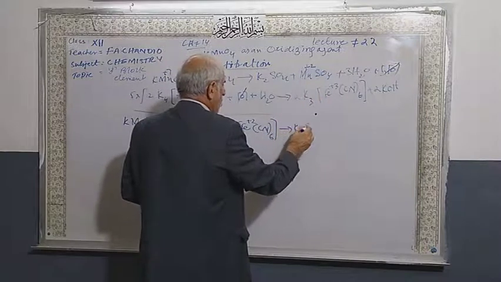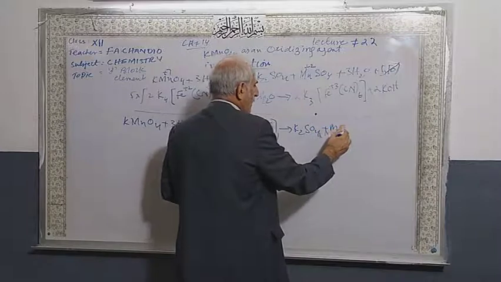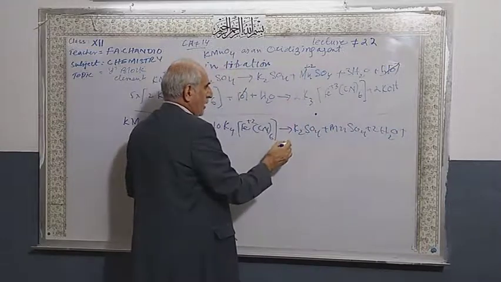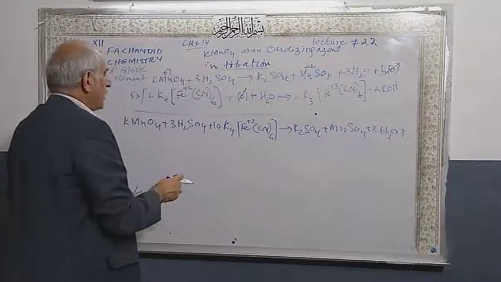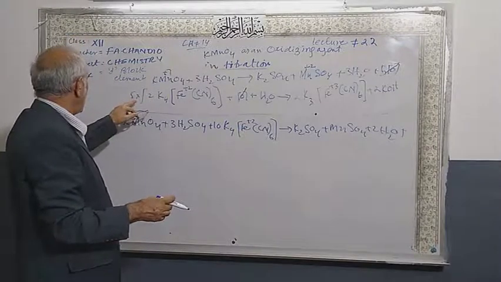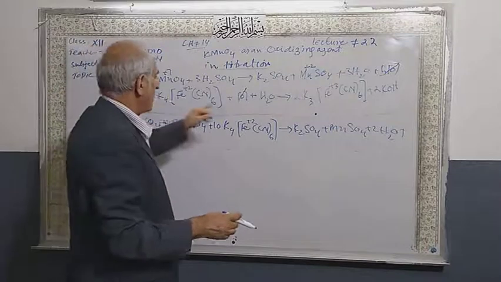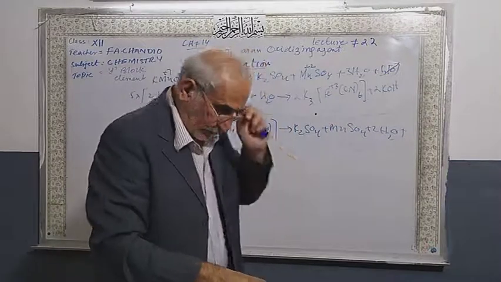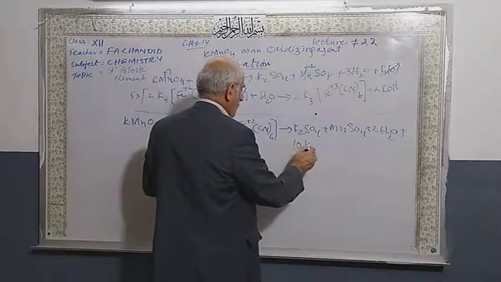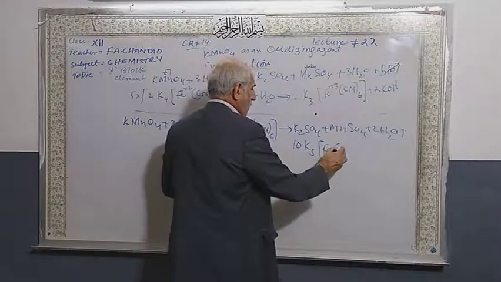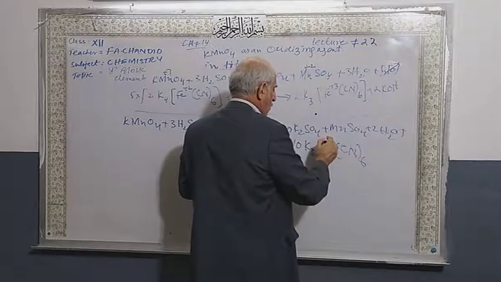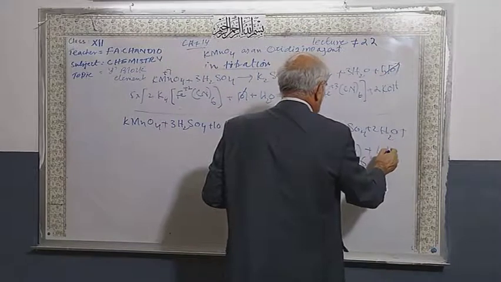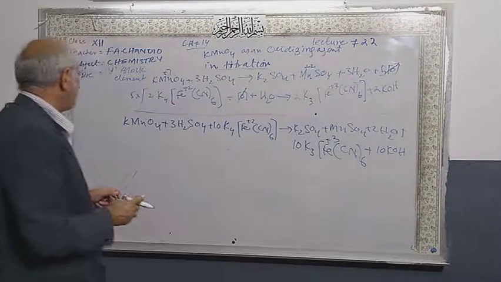On the product side, potassium sulfate, manganese sulfate, 2 water molecules, and since 2 times 5 is 10, and this 5 is multiplied here also, there are also 10 potassium hexacyanoferrate(III) and 5 multiplied by 2, there are 10 potassium hydroxide.